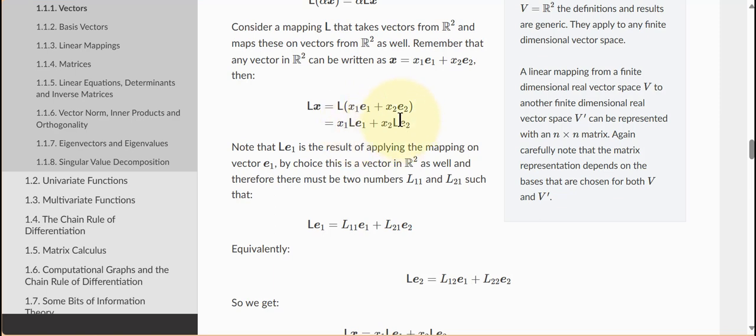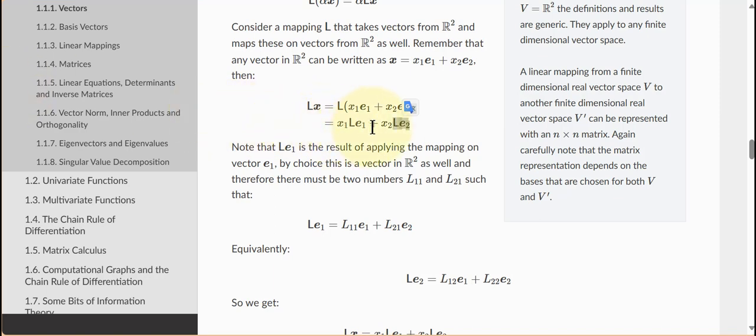It takes this one, E2, which is in R2, to a different vector, but still in R2. So this thing and this thing are both vectors in R2.